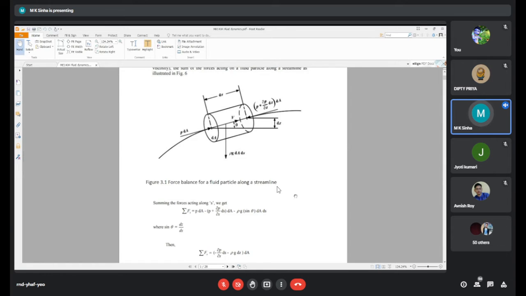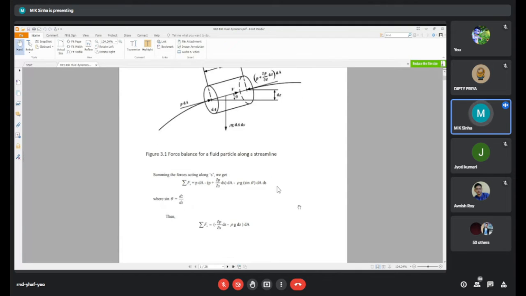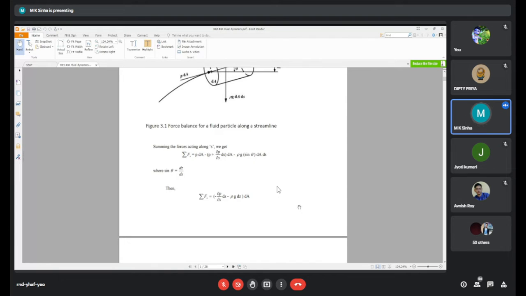So the weight component is rho g sine theta into dA into ds, and sine theta is nothing but dz by ds. So the summation of forces along the streamline is equal to minus del P by del S ds minus rho g dz into dA.